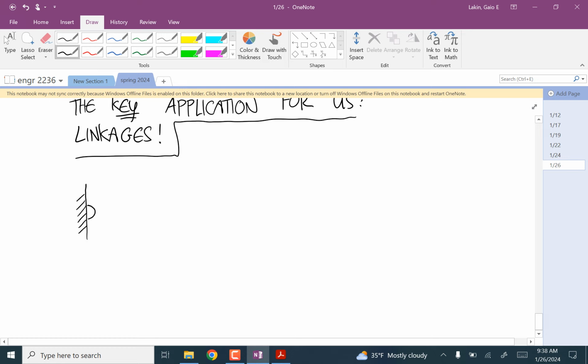Here's a wall, and connected to the wall by a hinge is an arm, and connected to that arm by another hinge is, let's say this one's horizontal. To make the math simpler, let's call this 1 meter, and let's call this 1 meter.